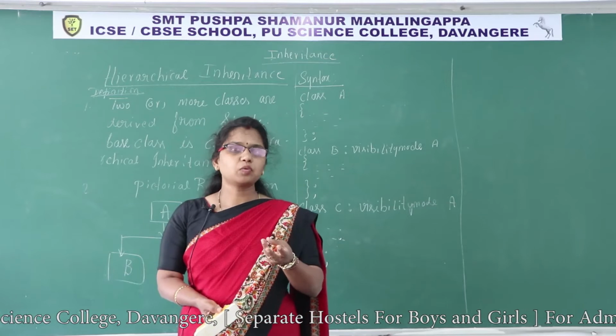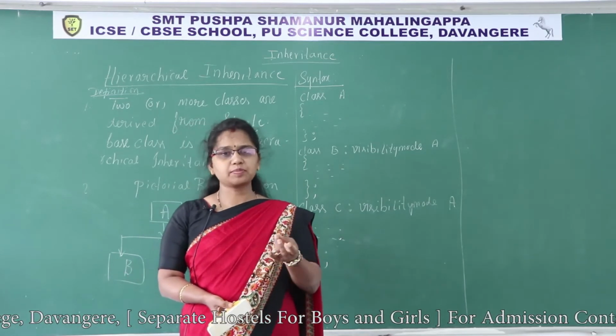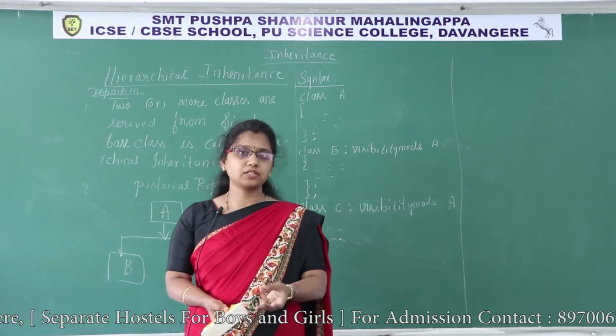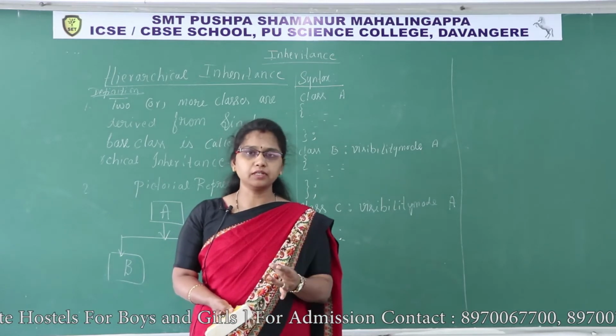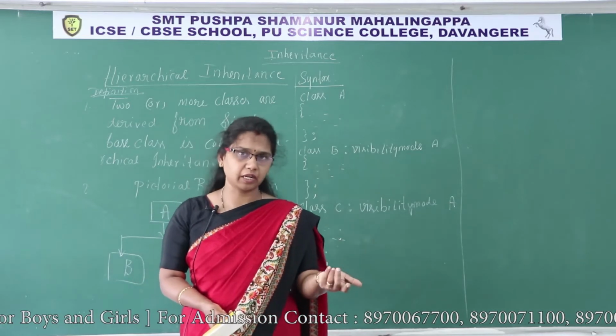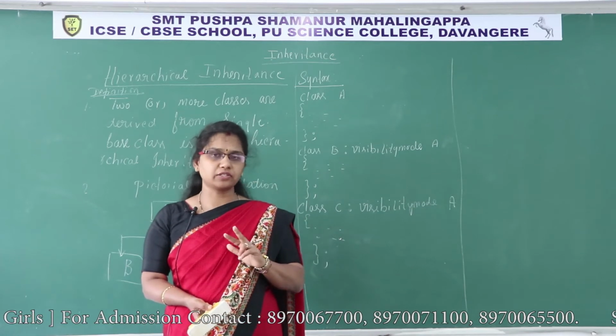So what was there in the basic telephone system? Only the data members, the subscriber number, and the functions: we can give a call to another subscriber, and that subscriber answers your call. These two are the functions.